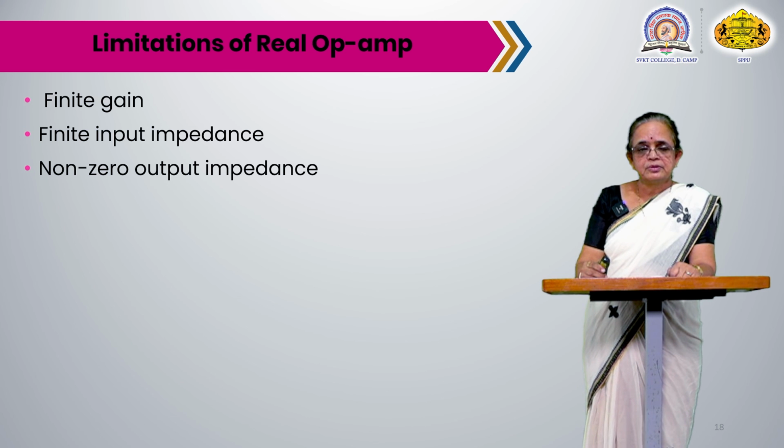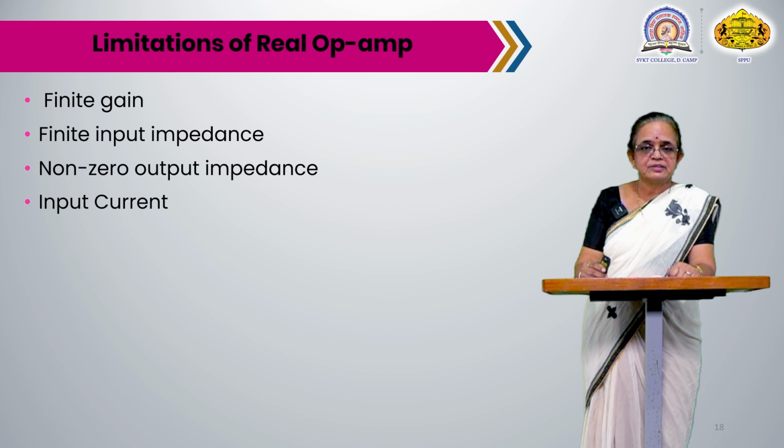Output impedance. For an ideal op-amp, output impedance is 0, but in a real op-amp, output impedance is not 0; it has a very small value, and due to this there may be a loading effect. Input current. In an ideal op-amp, there is no input current because it is open between the inverting and non-inverting inputs.